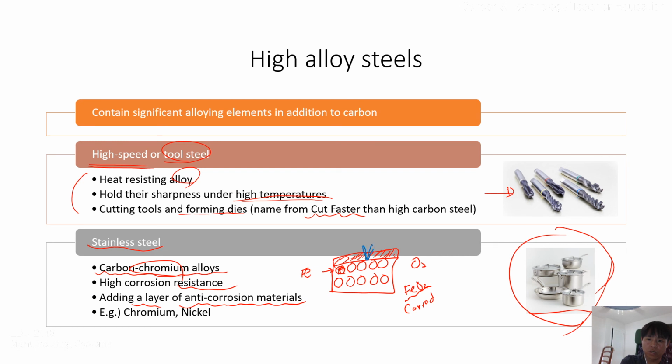In our cookware, if we make a scratch, then what happens? It corrodes, because the oxygen attacks this metal product, right? Oxygen goes into the metal product, and then it becomes ferrous dioxide. That means corrosion, right?